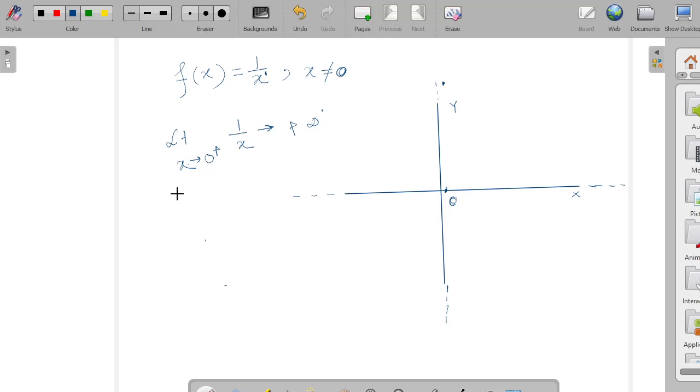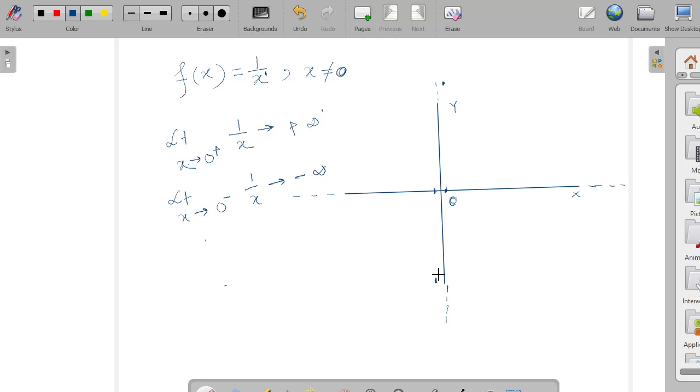and as our x approaches 0 from the negative side, a very small value on the left hand side, suppose here this point, then our function is also increasing, but on the negative side. 1 over x, with a negative value, is approaching towards infinity, but in the negative direction like this.